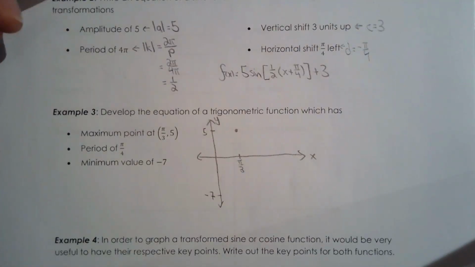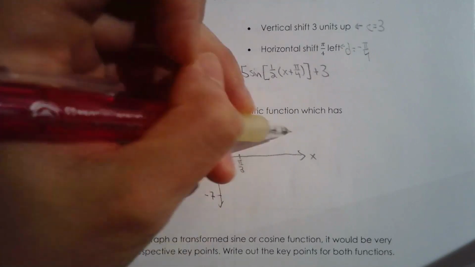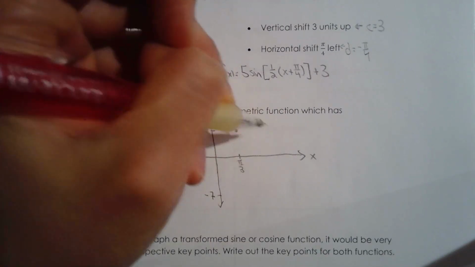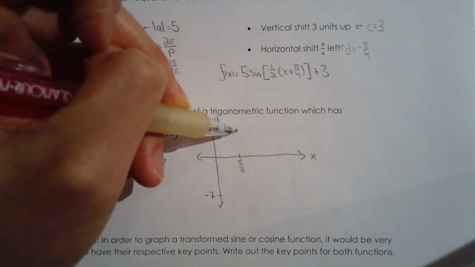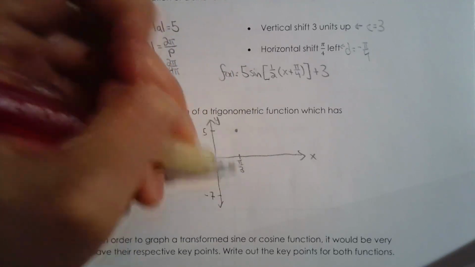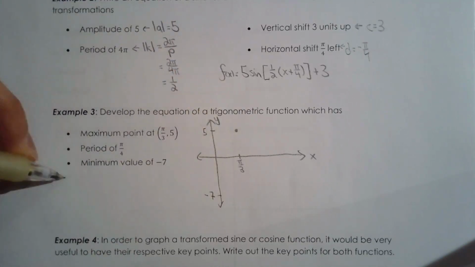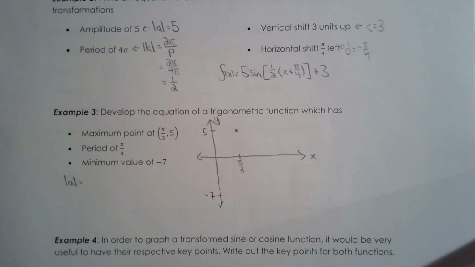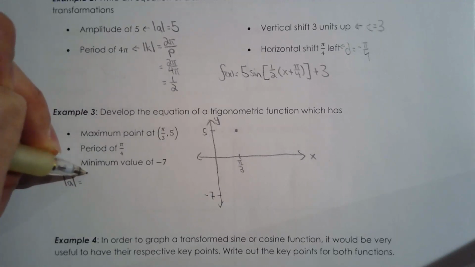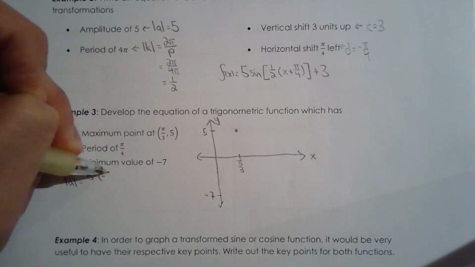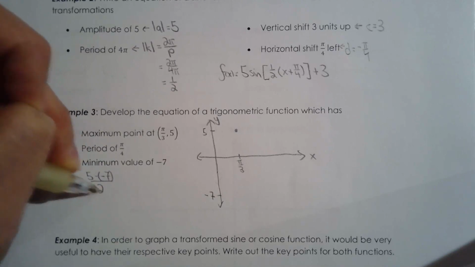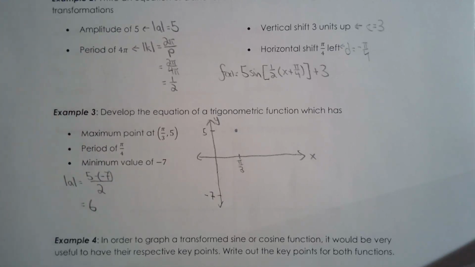I'm not going to draw the rest of the wave, but I can tell you what the amplitude is, because I have the maximum value and the minimum value of the function. Amplitude is max minus min over 2. So 5 minus negative 7 over 2, which is 6.